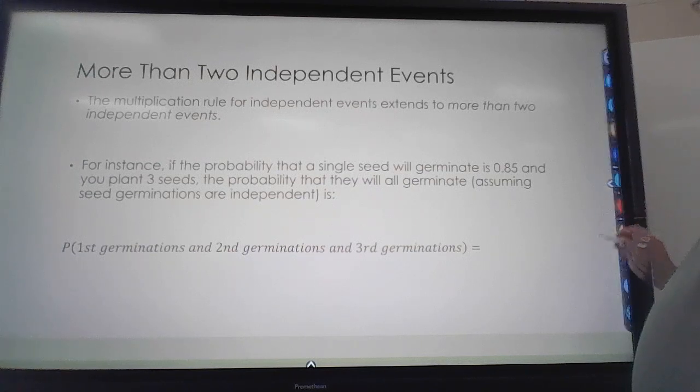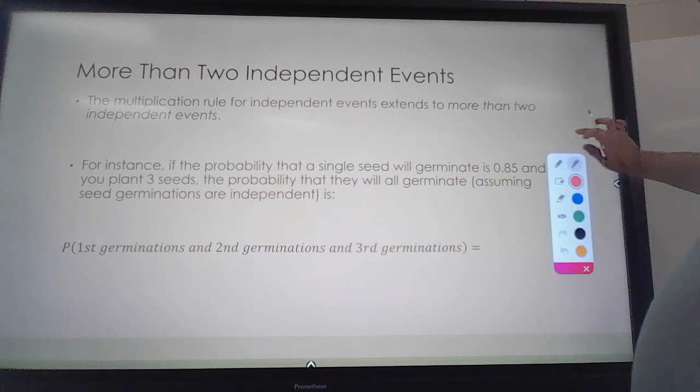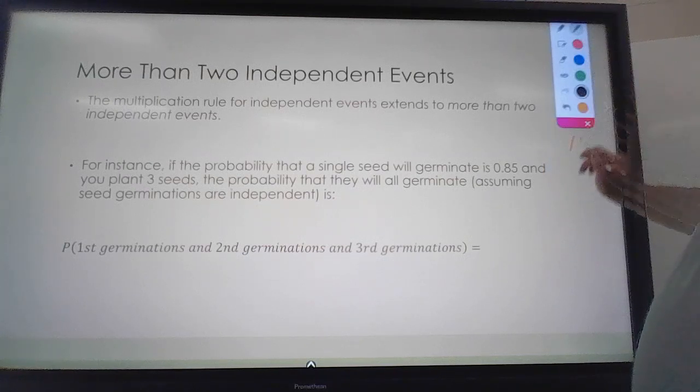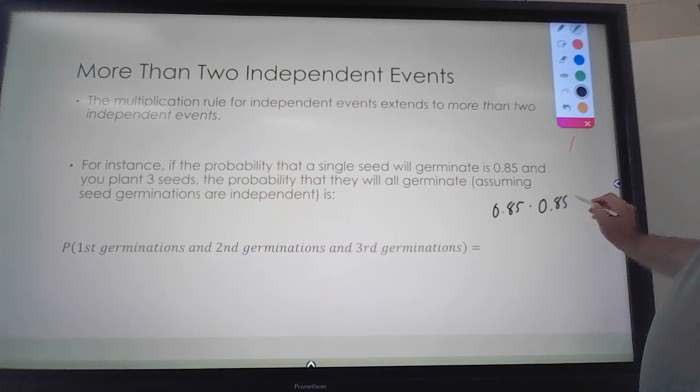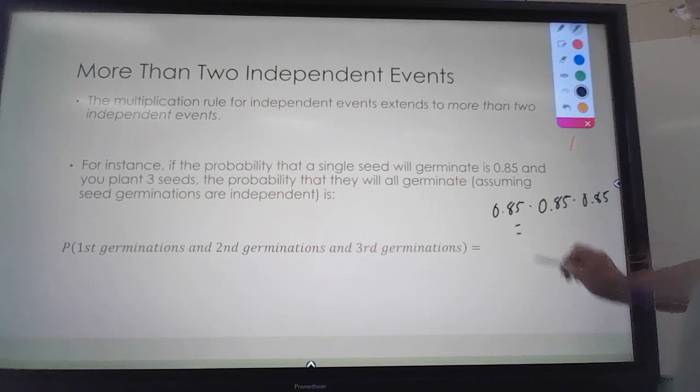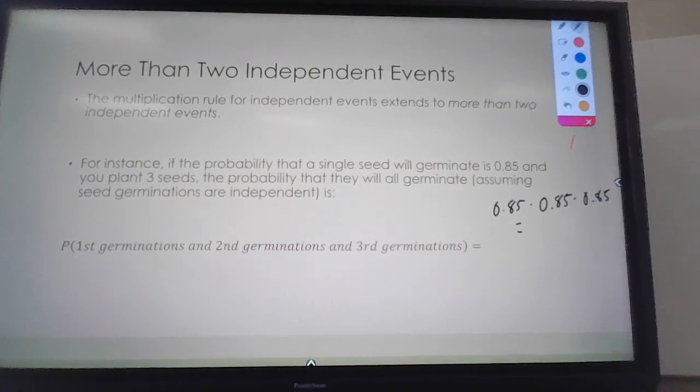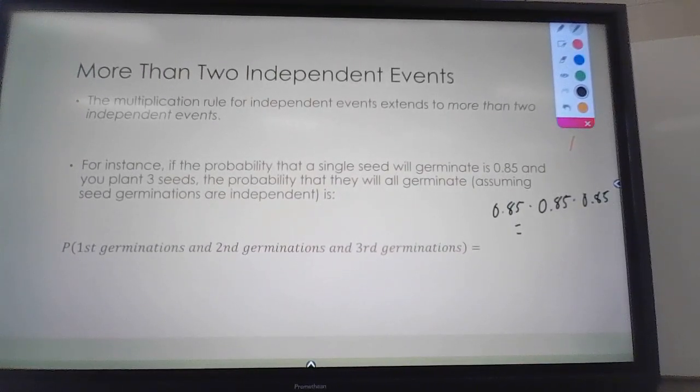So that would be 0.85 times 0.85 times 0.85, and multiply all that together. And if I rounded that to 3 decimal places, that would be about 0.61.